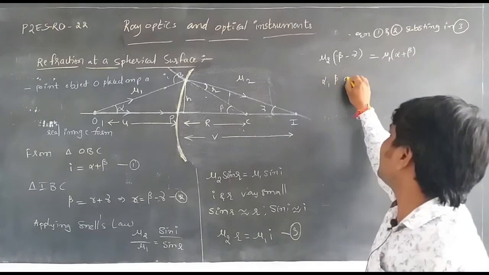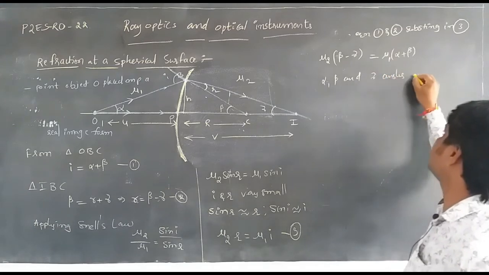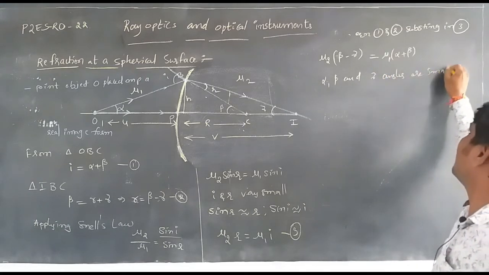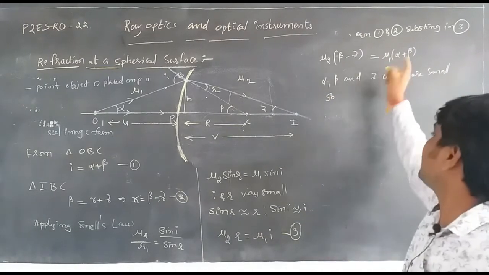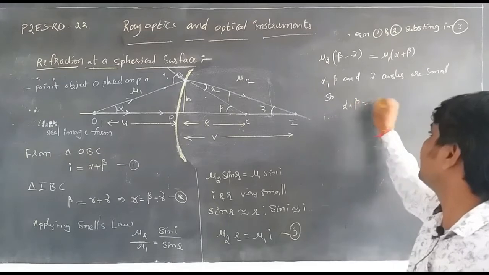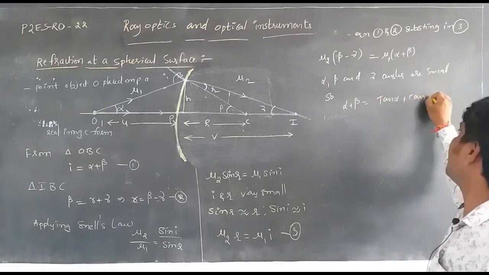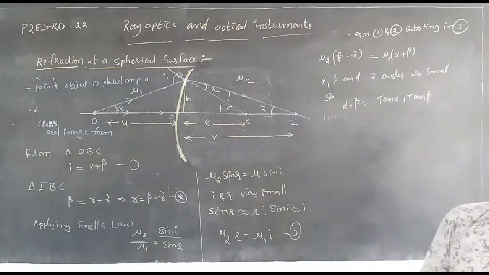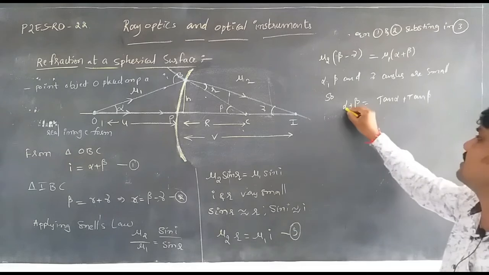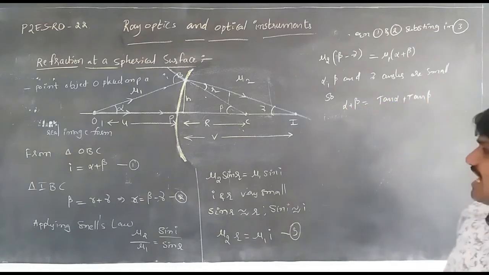Alpha, beta and gamma angles are small. So we can write alpha plus beta as tan alpha plus tan beta, because alpha and beta are very small, so alpha is nearly equal to tan alpha, and beta is nearly equal to tan beta.